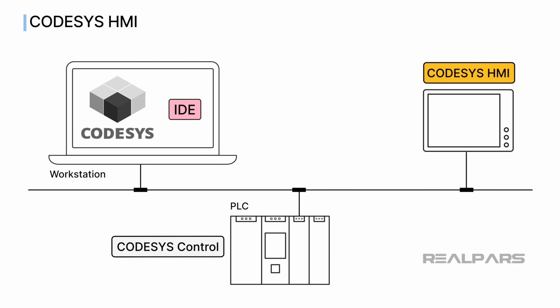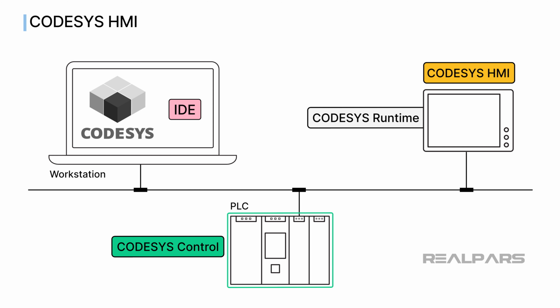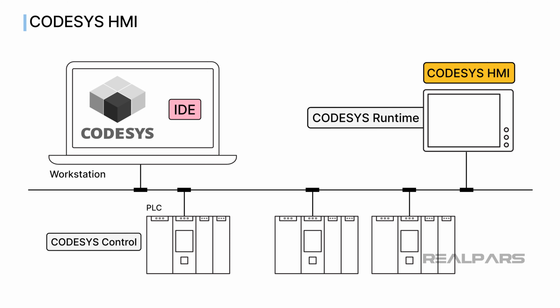In a CODESYS HMI deployment, a dedicated CODESYS runtime instance runs the visualization. This CODESYS runtime instance exchanges data with other CODESYS instances that are running control code. The main advantage of a CODESYS HMI deployment is that the visualization can connect to and display data from many CODESYS instances running control code, like a traditional SCADA system.